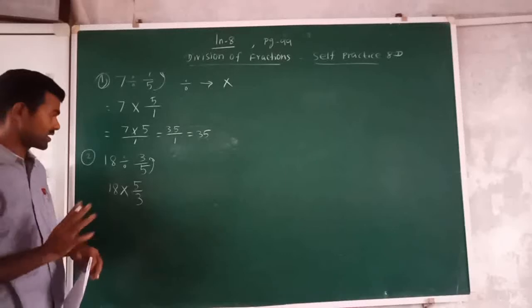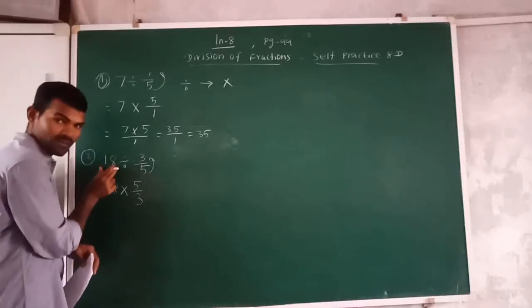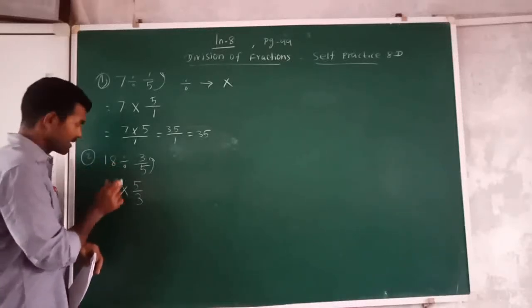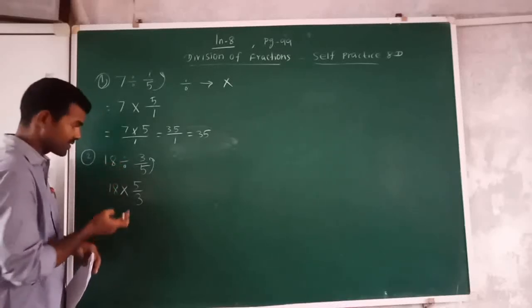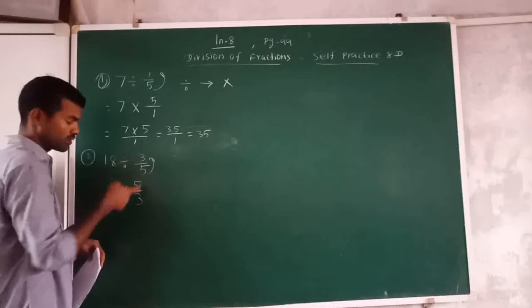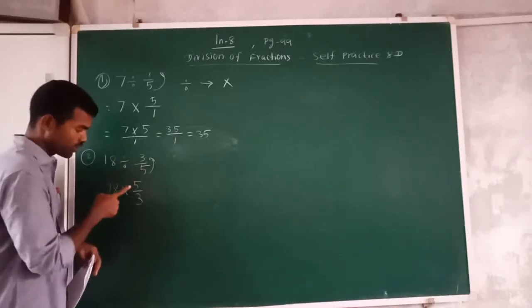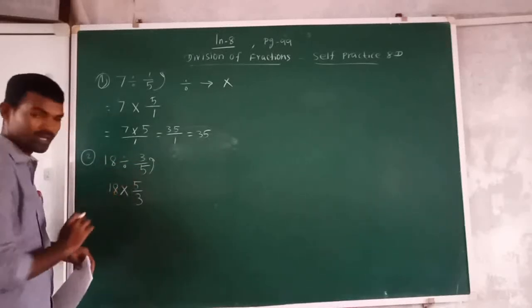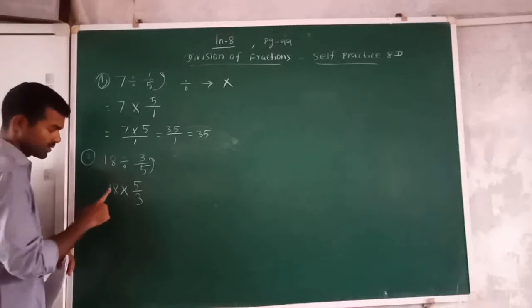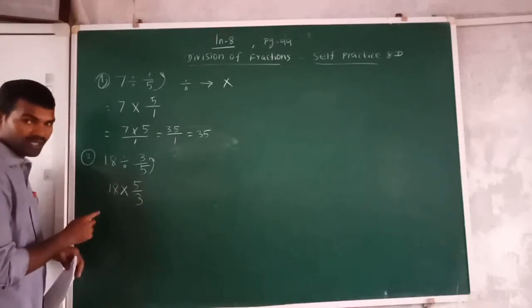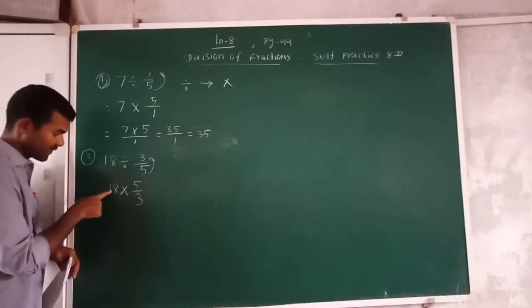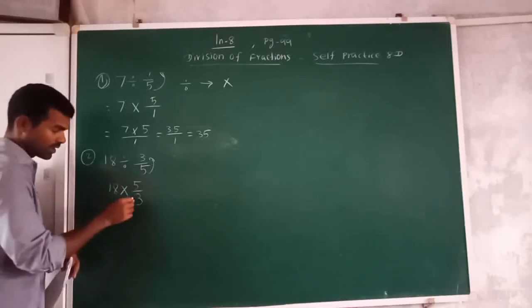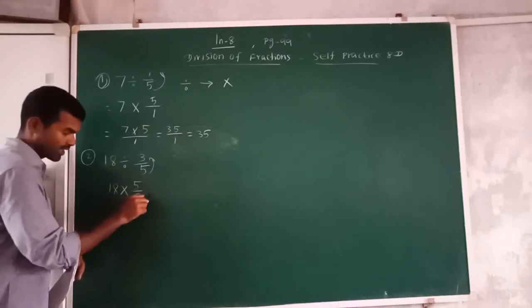First concept: whatever the first number is, write it. Next, division means change into multiplication. Then change the numerator to denominator and denominator to numerator. Now see if there is any common factor to cancel. Divide 18 by 3.